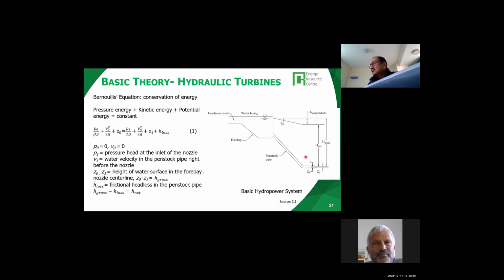You reduce the diameter at the nozzle so there is a high pressure, high velocity flow that hits the turbine, an impulse turbine or a reaction turbine. The total head is the gross head, and after the losses in the penstock you get the net head. H net is the hydraulic head.